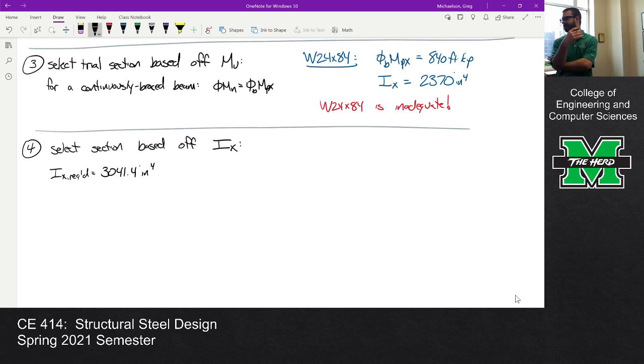Is everybody with me on this? Any questions? Okay, so the W18 by 158 has the 3060, that you're saying. But why not use the bold row?